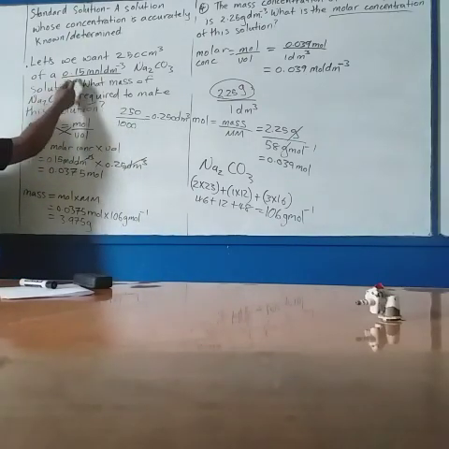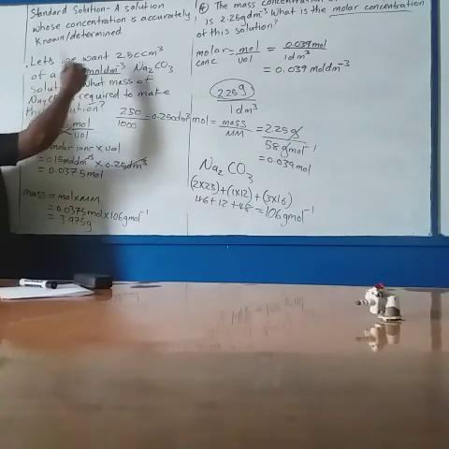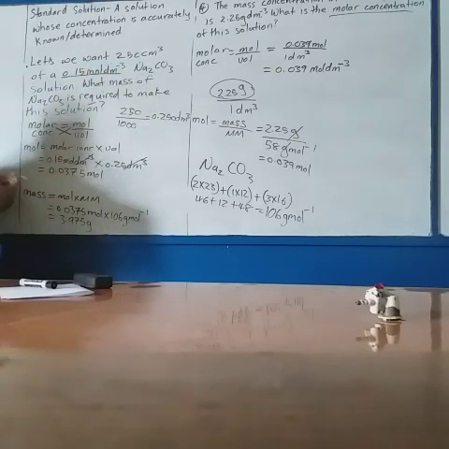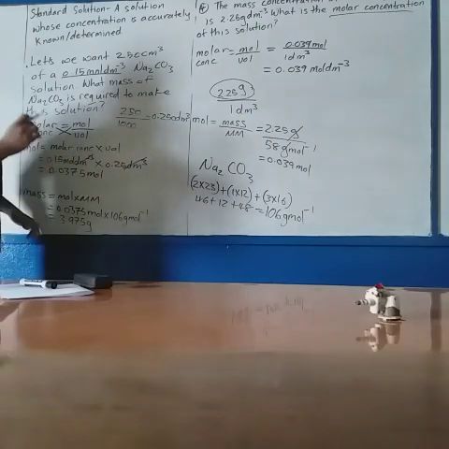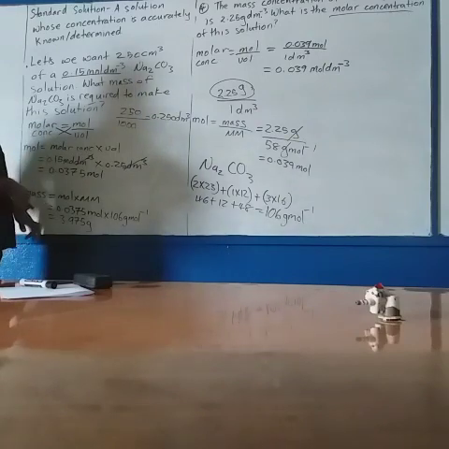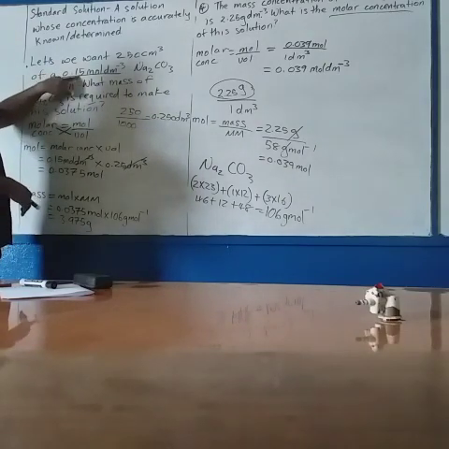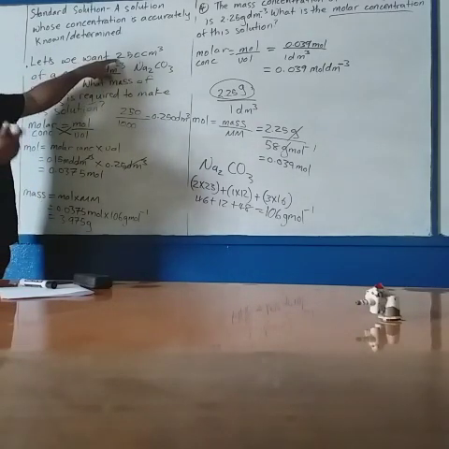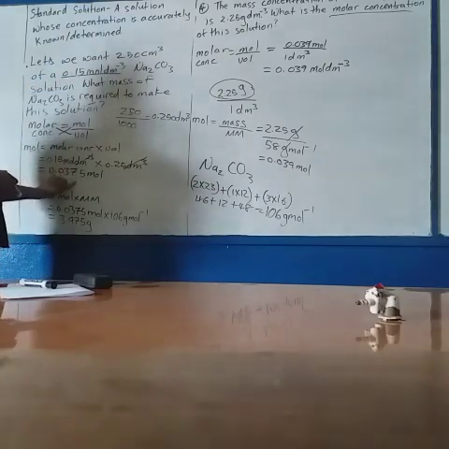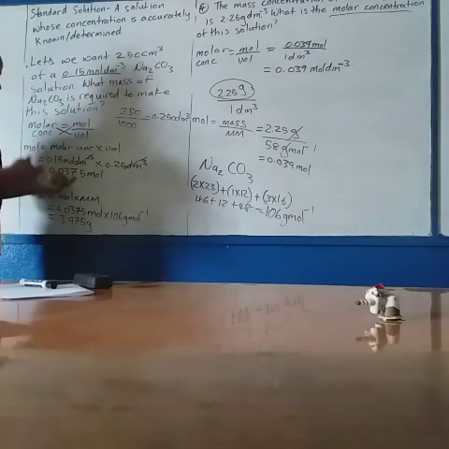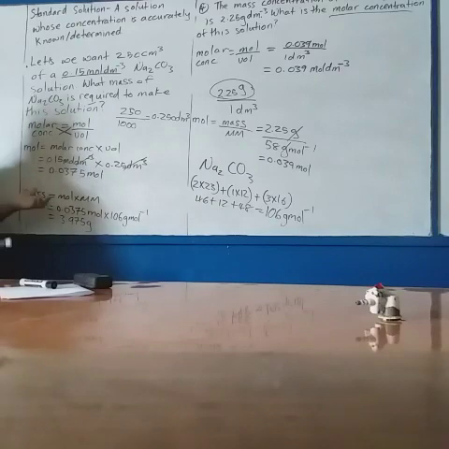So if you are given the molar concentration and the volume and asked to prepare it, the first thing you have to do is calculate the mass of the solute that you will actually use. So you have to multiply your molar concentration by the volume, and you will get the number of moles. Because there is no instrument in the lab that measures mole, so you cannot go inside and weigh out 0.0375 moles.